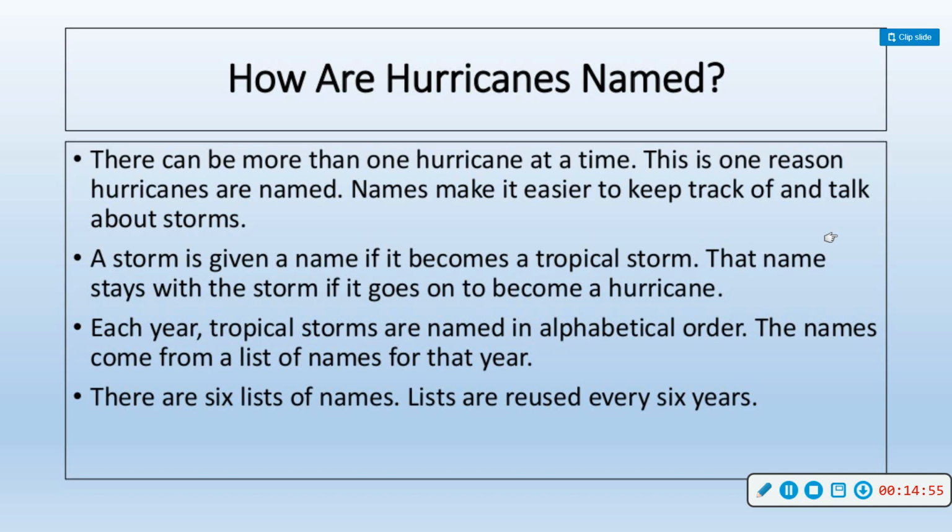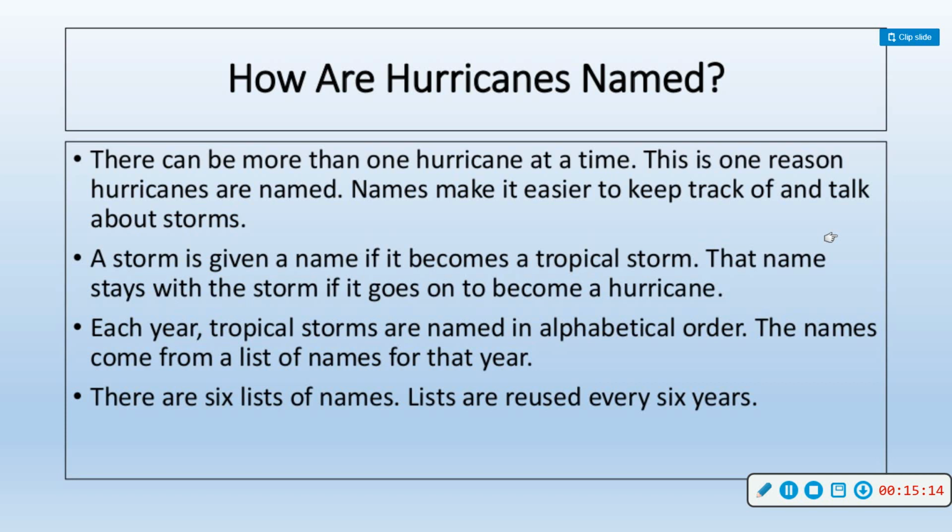So each year, tropical storms are named in alphabetical order. The names come from a list for that year. They have everything for the next 3 years already pre-planned, A through Z. And if they get to Z, they'll start in on the Greek alphabet.